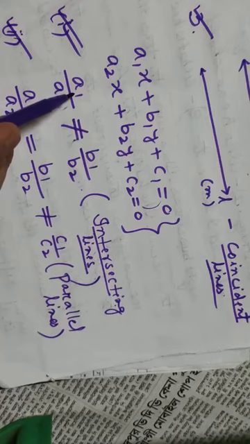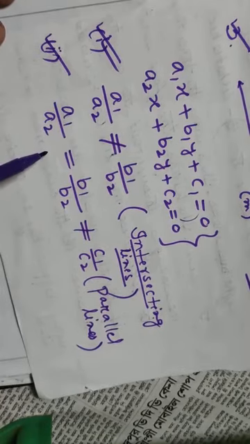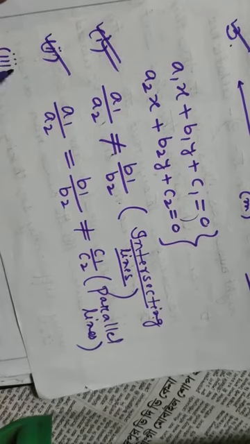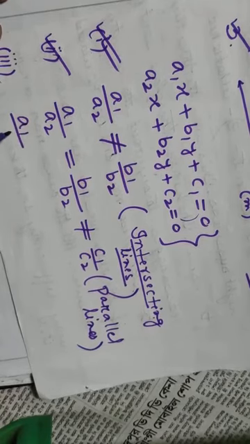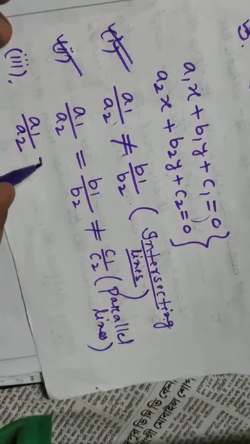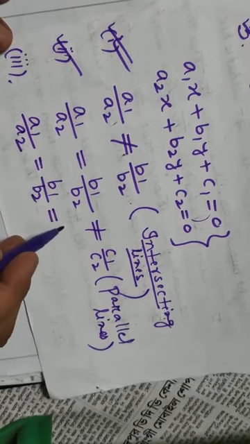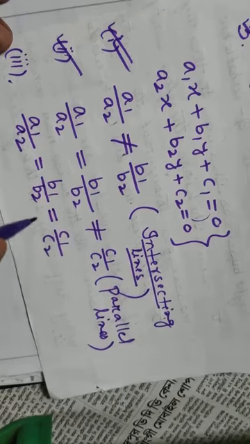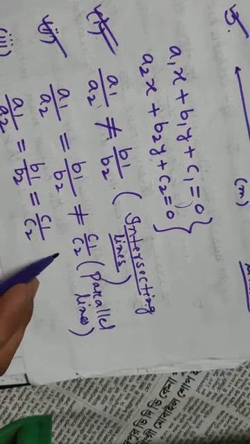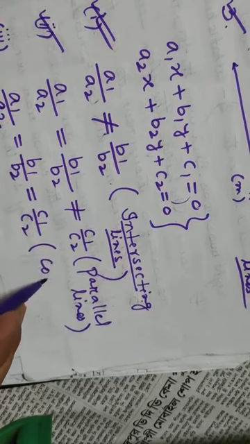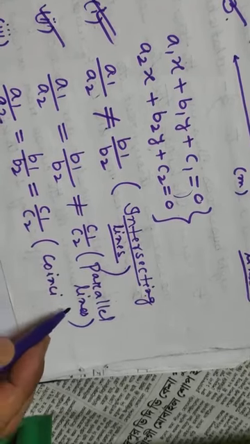The first one is a unique solution, the second one is no solution, and the third one is a1 by a2 is equal to b1 by b2 is equal to c1 by c2. When all these 3 ratios are the same, then we will get coincident lines.